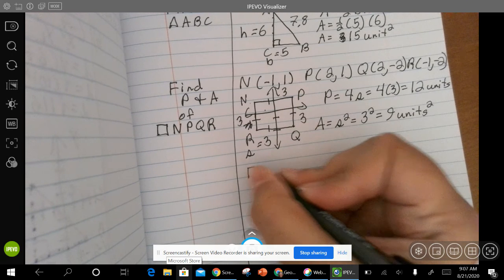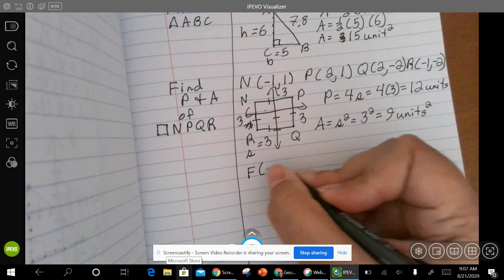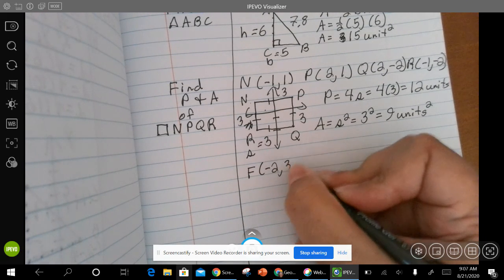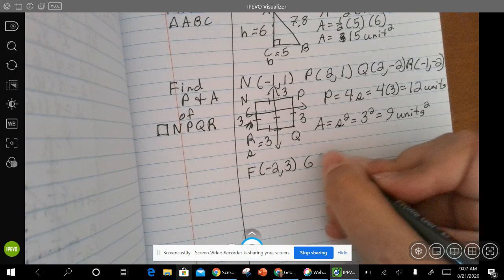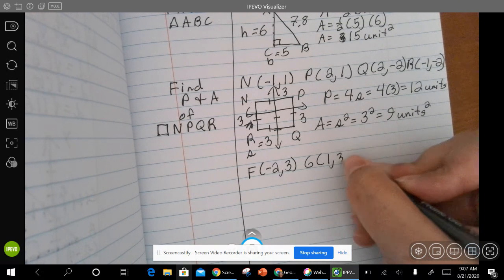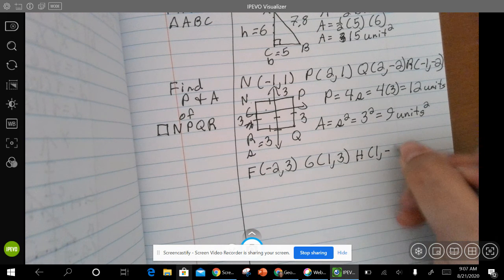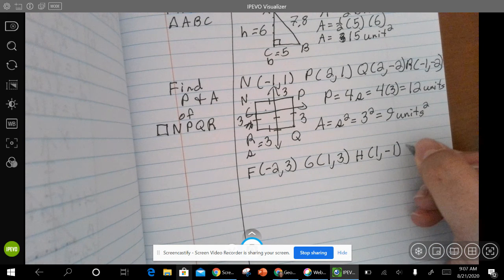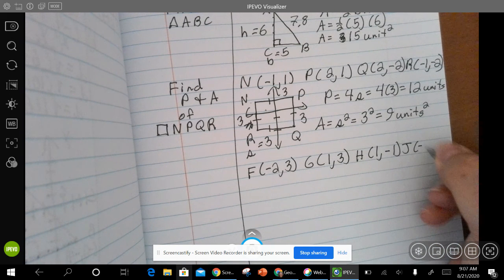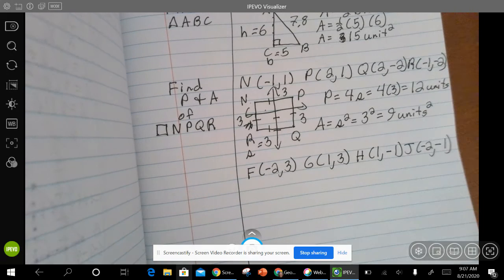So we have F is at -2, 3. G is at 1, 3. H is at 1, -1. And J is at -2, -1. Okay.